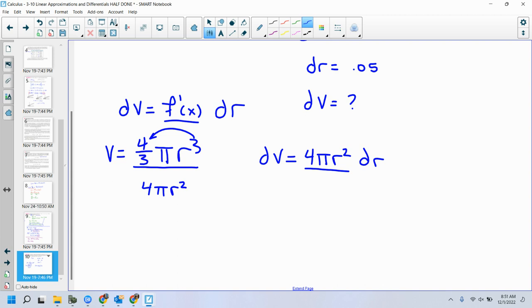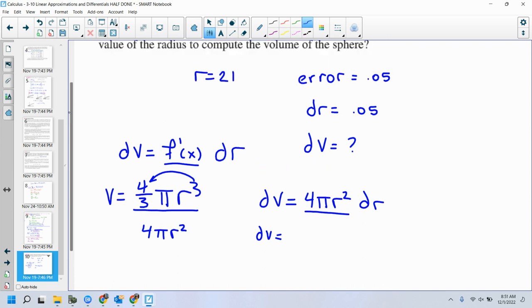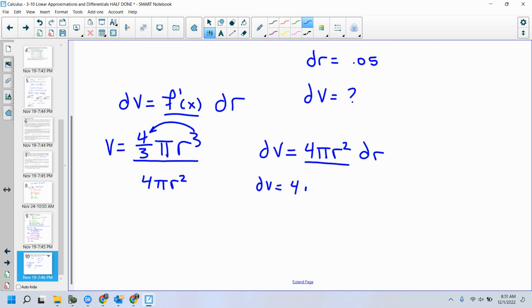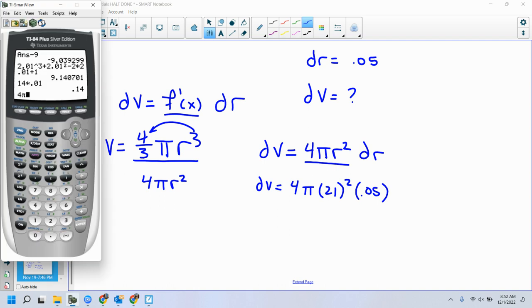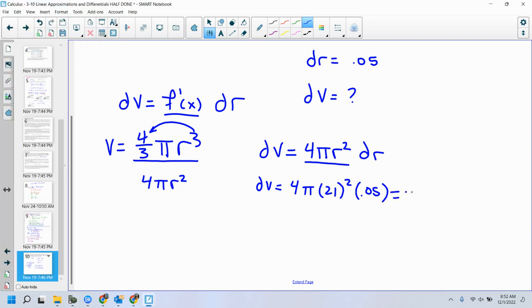My radius is 21, so 4 times pi times 21 squared times dr, which is 0.05. Let's see what that computes to be. 277.1. We'll round it to 277.1 cubic centimeters.